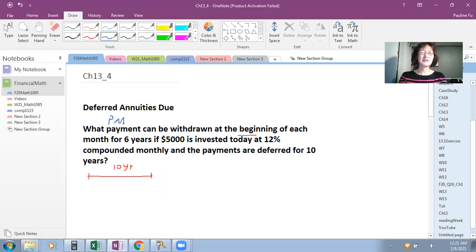That is the question for annuity. And this is for 6 years. So from here to here is 6 years. And 5,000 is invested today here. So this is today.